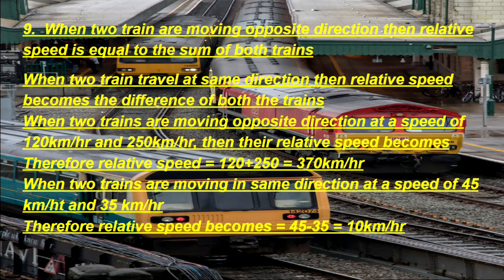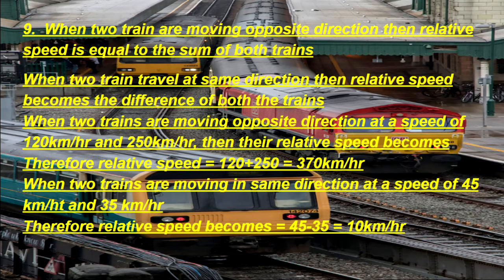So our speed is 30 kilometers per hour and the other train's speed is 40. What is the relative speed? When we compare both, there is a 10-kilometer difference. So the other train will go ahead at a certain point, and we can find the distance like that.